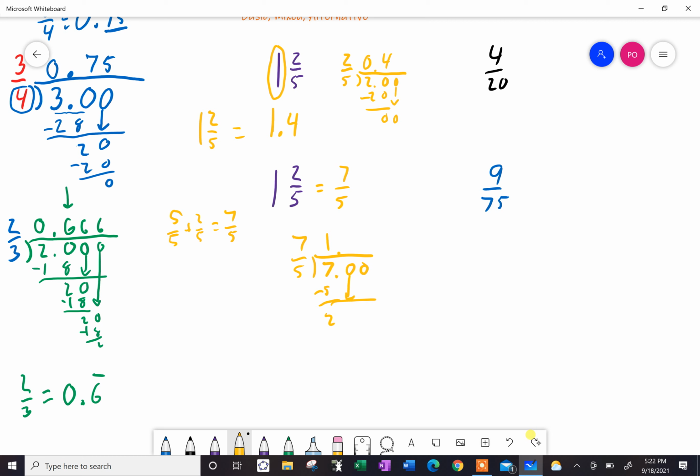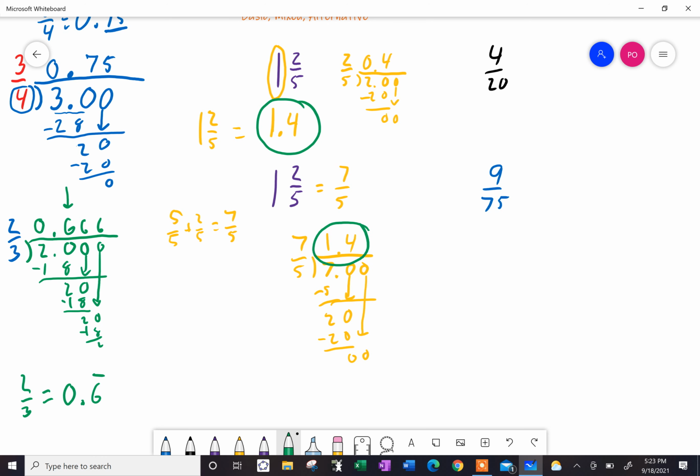I bring down the 0. 5 goes into 20 4 times. 4 times 5 is 20. I have no remainder. Bring down that 0. And there's nothing else to do. So you can see 7/5 is equal to 1.4. But that, you should say, makes sense because we already knew that.